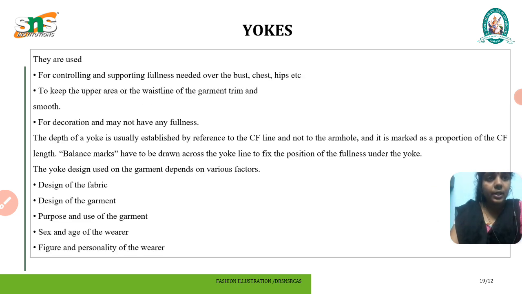Yokes are used for controlling and supporting the fullness needed over the bust, chest and hip portions. It is mainly used to control the over fullness under the bust, as we call it in women, and chest for men, and hip, etc. To keep the upper area of the waistline of the garment trim and smooth.